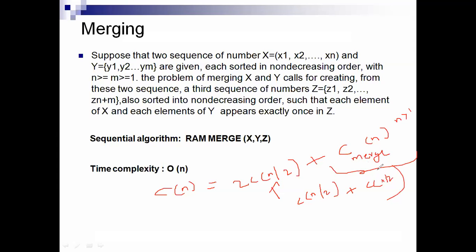So we calculate the worst case time efficiency of this algorithm.